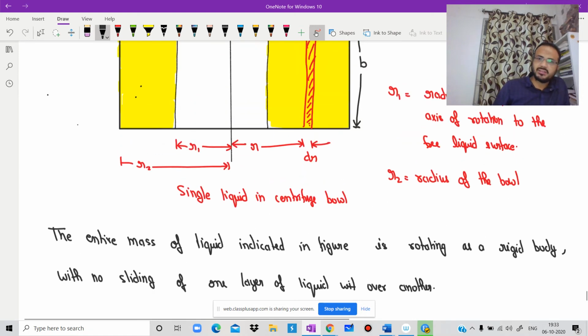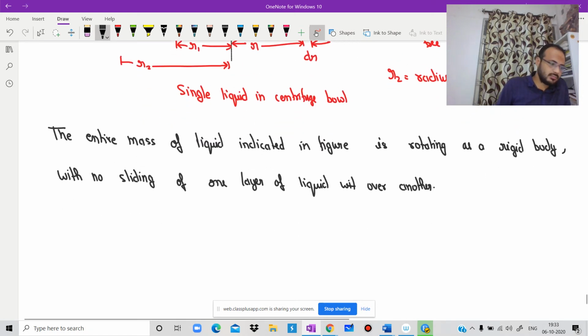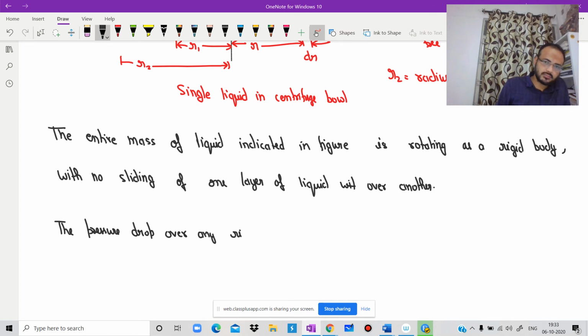We assume this ring. Now your confusion will start. We need to calculate the pressure drop. The pressure drop over any ring of rotating liquid is calculated as follows.